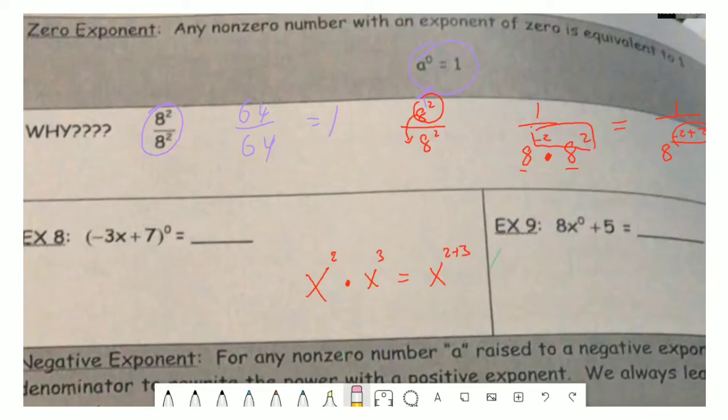So they're just saying that 8 to the 0 has to be 1 for us to have 1 as the answer. I see. Because only 1 divided by 1 will give us 1. Therefore, 8 to the 0 is 1. It's just trying to say that's why 8 squared divided by 8 squared is 1. Okay, that makes sense.